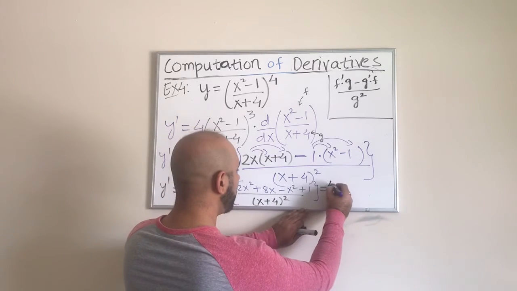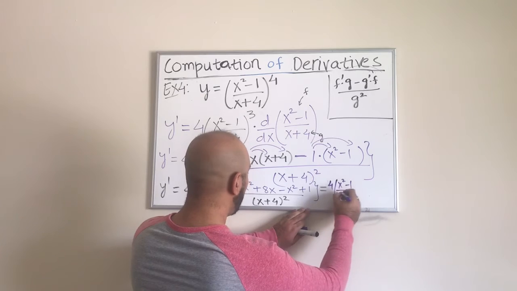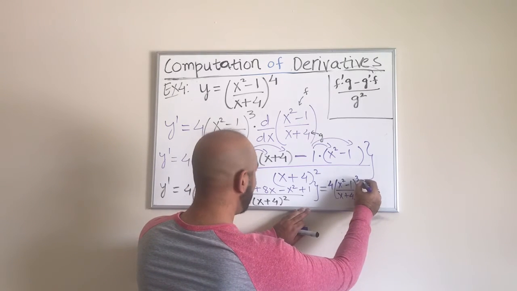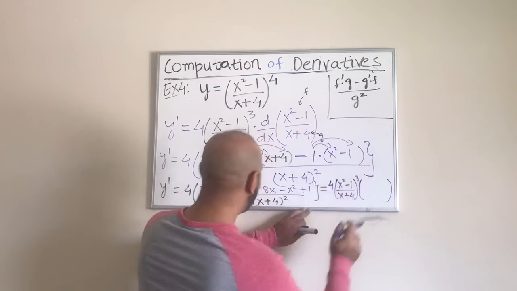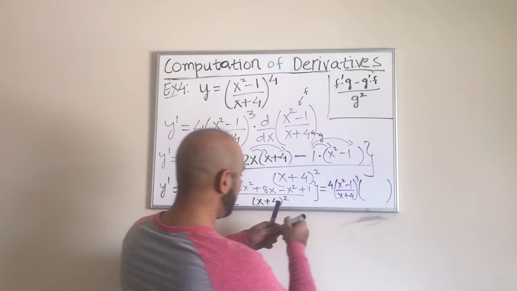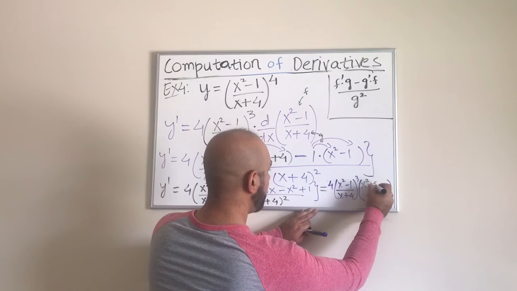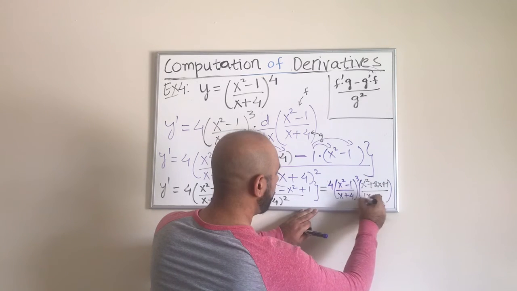So finally it's going to look like this: 4 times x squared minus 1 over x plus 4 whole cubed, and then times, guys, I'm trying to squeeze this in here, x squared plus 8x plus 1 over x plus 4 whole square.